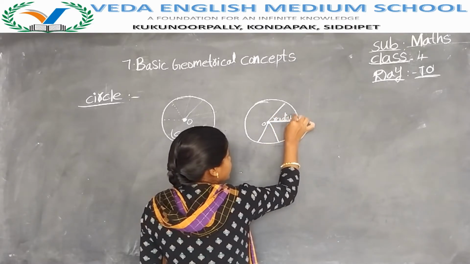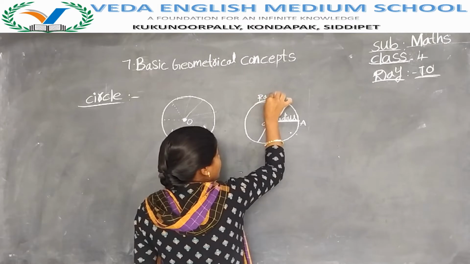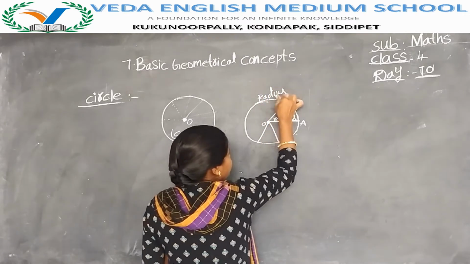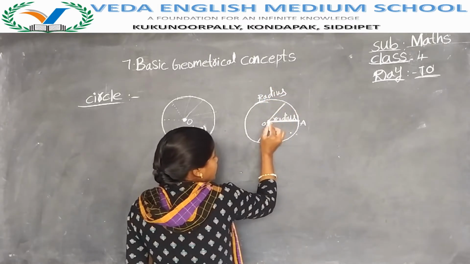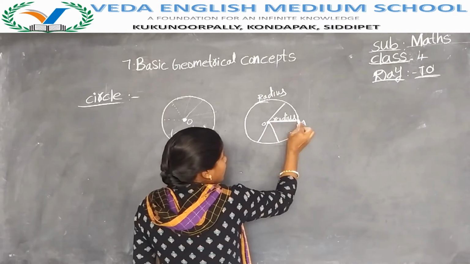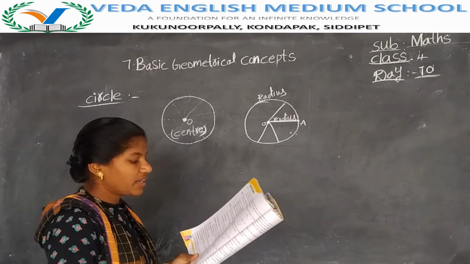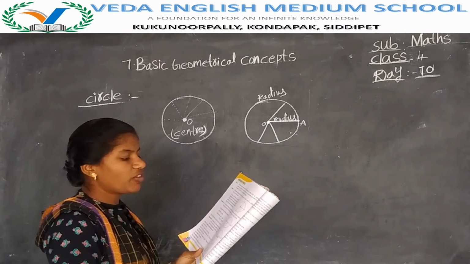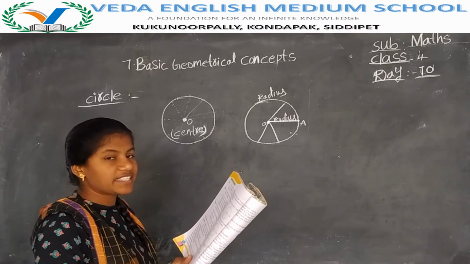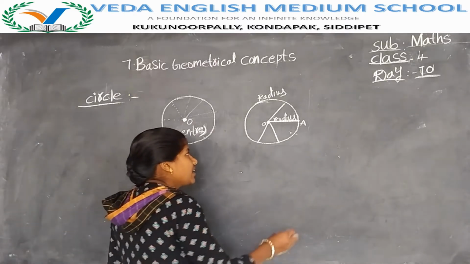The spelling of radius is R-A-D-I-U-S. The line segment from the center to any point on the circle is called the radius of the circle. Next, the plural form of radius is radii, R-A-D-I-I.